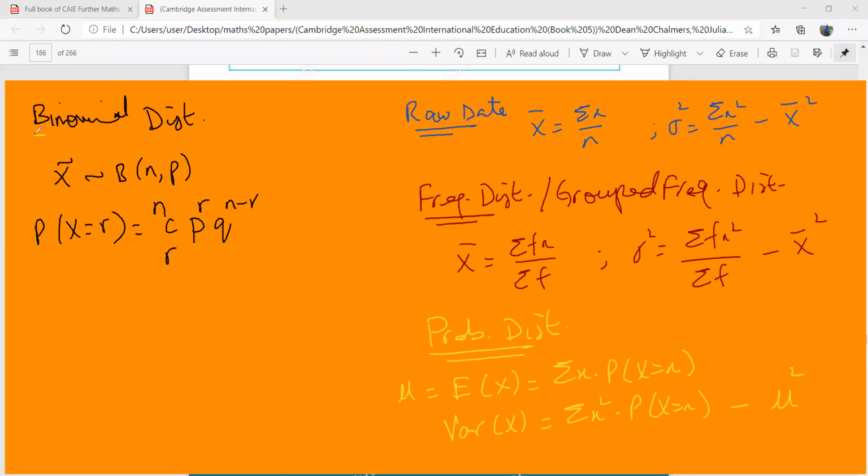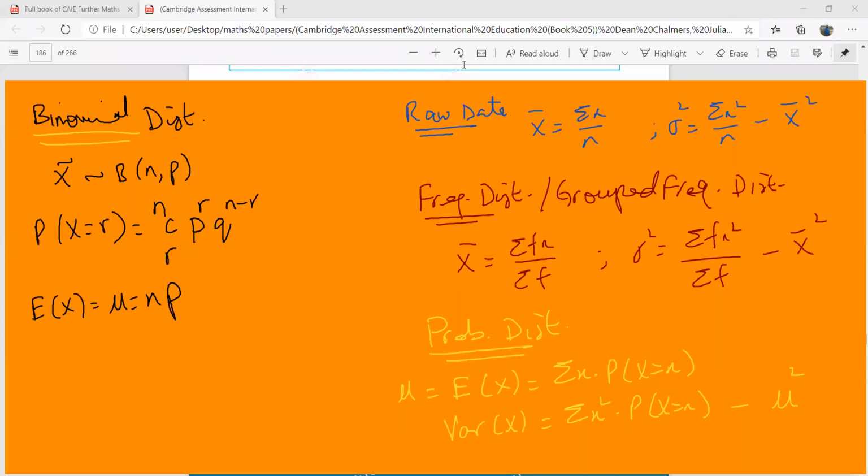Now, when you're studying the binomial distribution, you should know how to find the E of x and the variance, but there are very simple formulas. The E of x, or mu, is going to be np. Just note it down; it is beyond the scope of your syllabus to explain why this is np.